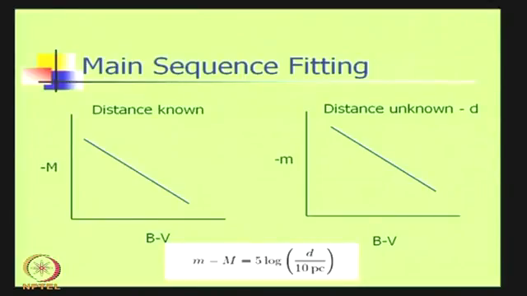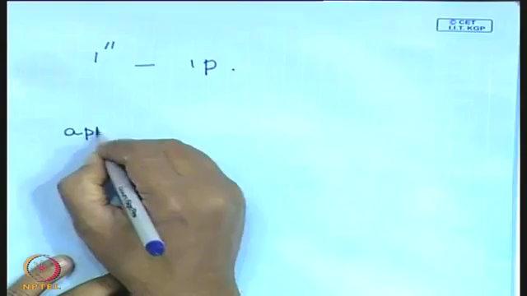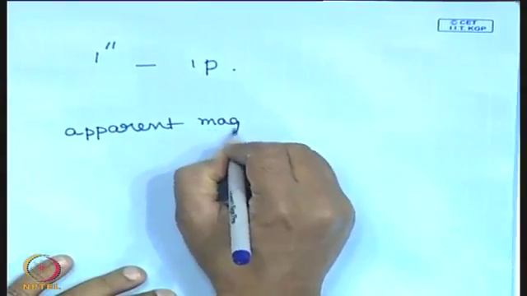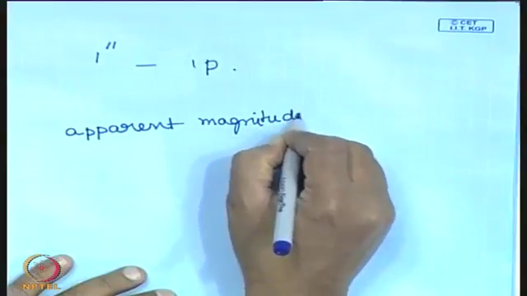We have seen that the bulk of the stars that you see will be in a stage where they are burning hydrogen, and they lie on a curve in the HR diagram called the main sequence. So if you have an open cluster whose distance is known, you can then measure the apparent magnitudes of the stars in that open cluster.